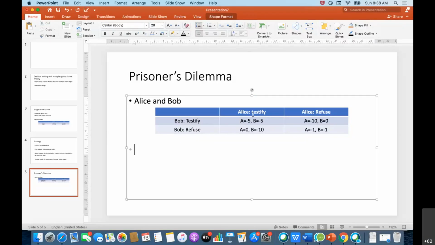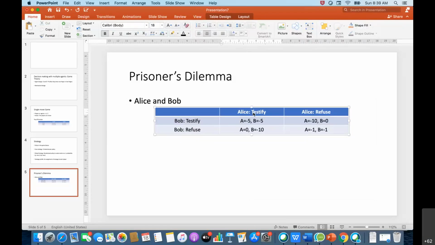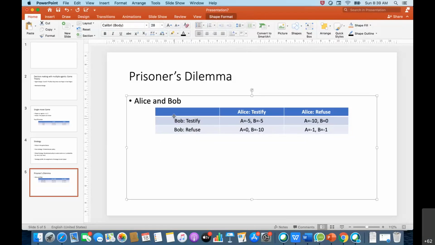So what will Alice see? Alice says that if she admits that yes, Bob has committed the crime, that is, if Alice has chosen the strategy testify, then she will either be imprisoned for 5 years or set free.